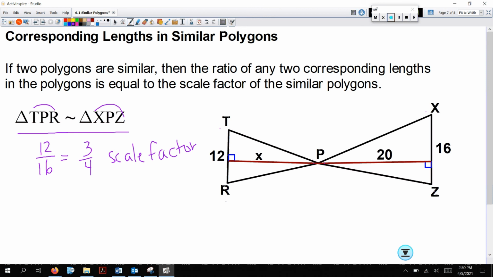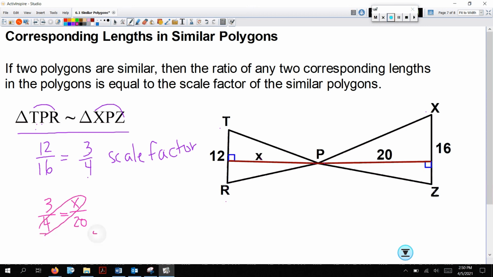All right, so TPR is a smaller triangle than XPZ, right? It's 3/4 the size. If we want to find x, we simply use the scale factor and set up a proportion. 3 over 4 is equal to, x comes from TPR, so it's in the numerator, over 20.